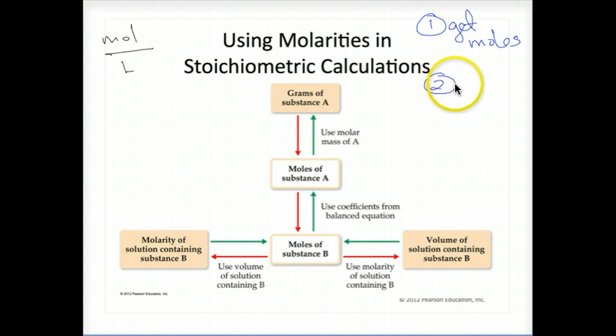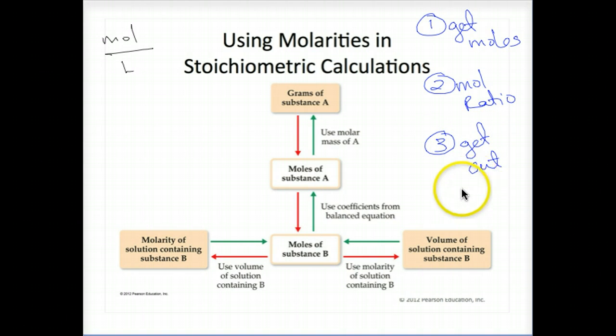I then use my molar ratio from my balanced equation. And then if I need to solve for a new molarity, I simply get out of moles. Molarity allows me to do that because if it's moles per liter, I simply invert that and multiply by the inverse, so the moles are on the bottom, liters are on top, and I solve for what I'm solving for. So you can use this in a variety of ways, just like any basic stoichiometry calculation.